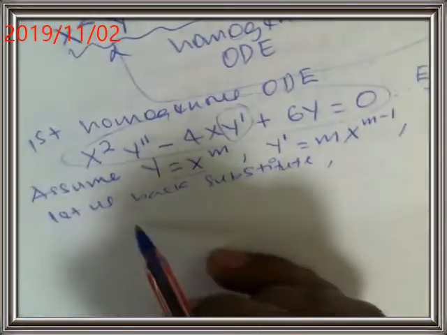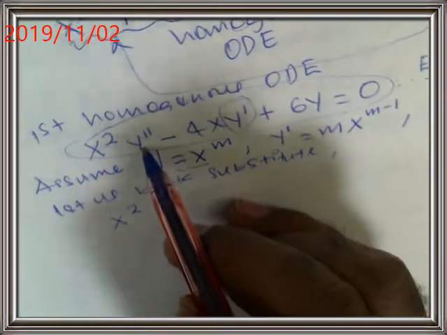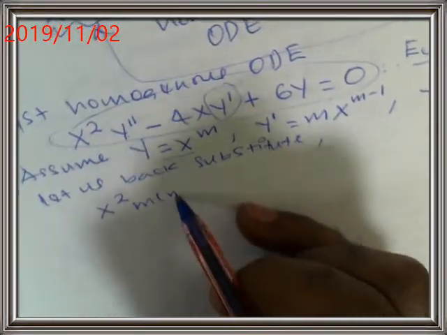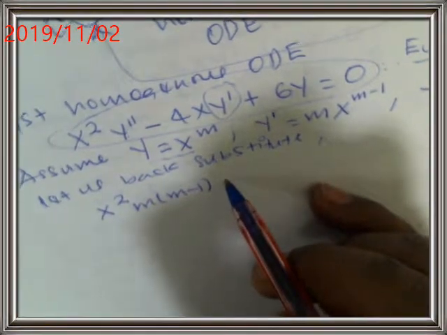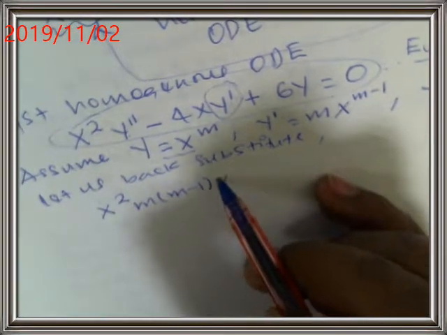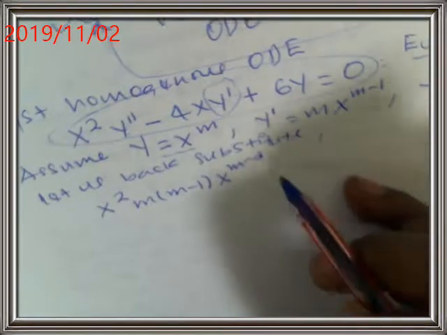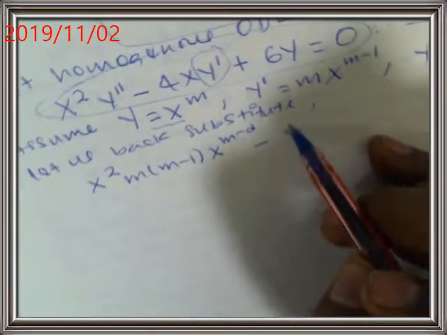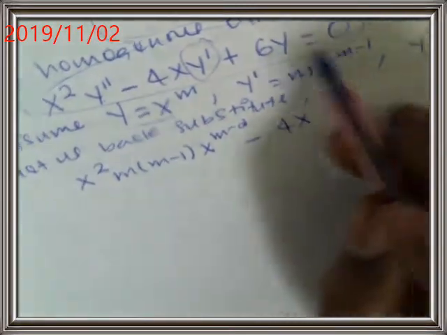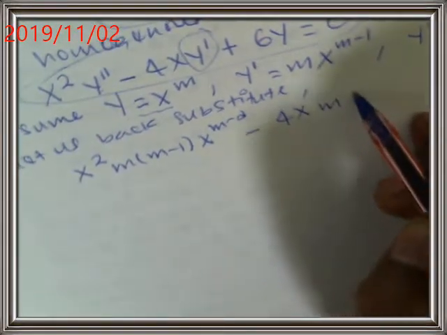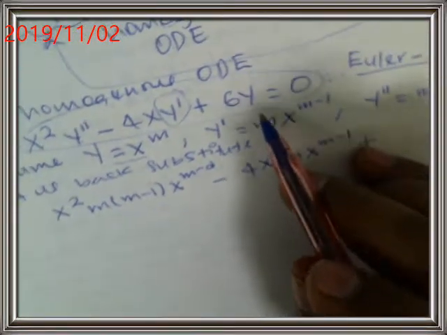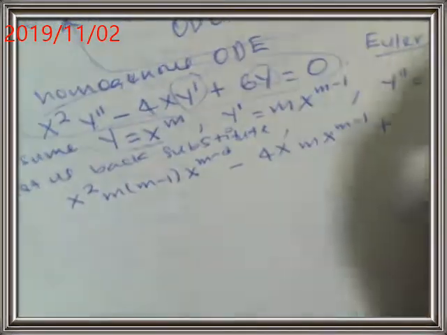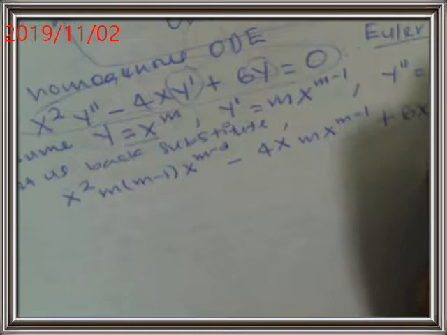If we substitute here, it becomes x squared times the second derivative, which is m into m minus 1, which we already calculated, we already differentiated, times x to the power of m minus 2, minus 4x times the first derivative, this one, m into x to the power of m minus 1, plus 6y. So y is given by this, so 6x to the power of m is equal to 0.